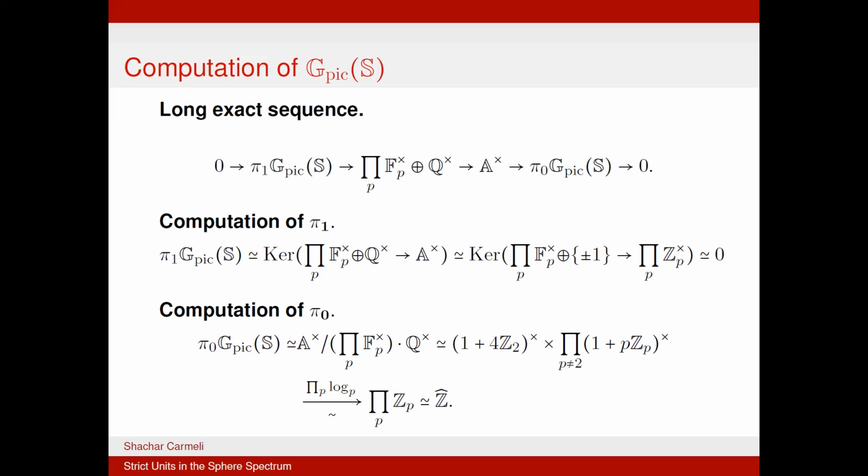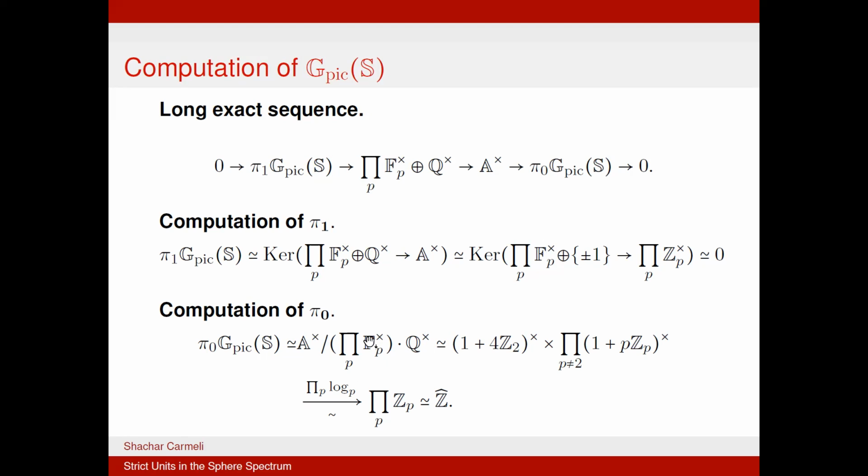And pi 0, one can compute as well. And again, there is something funny happening at the prime 2, which actually makes the answer relatively pleasant. It is now the following sort of adelic quotient, A cross, now modulo Q cross, but unlike usual adelic quotients, now we are quotienting not by the product of the ZP crosses, but only the Teichmuller lifts.